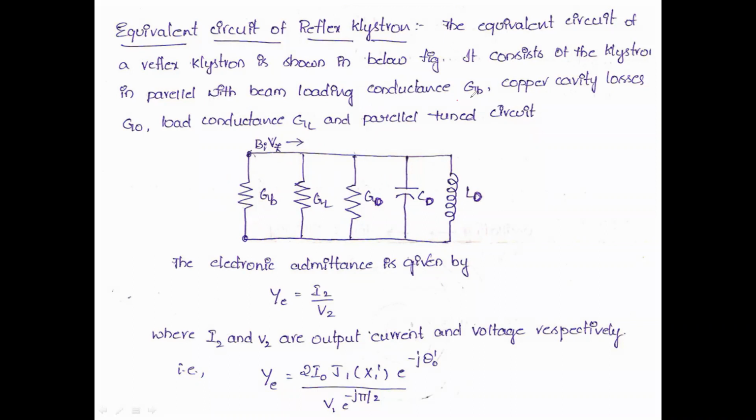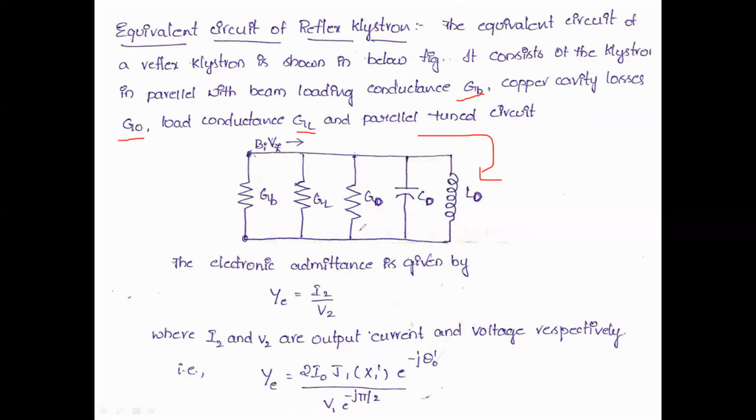This is the involvement of GB, G naught, and load conductance GR for this parallel circuit. Take snapshot as equivalent circuit for reflex klystron.